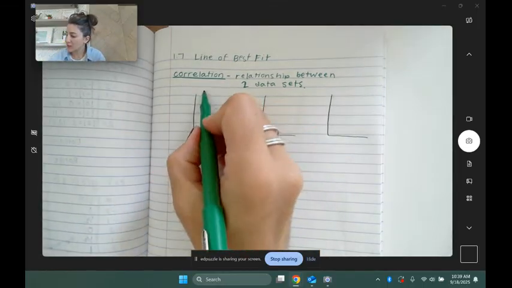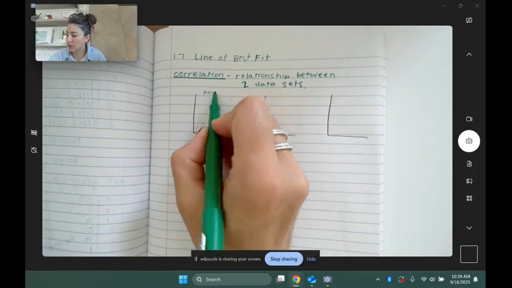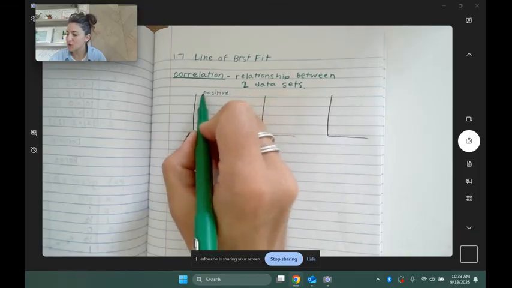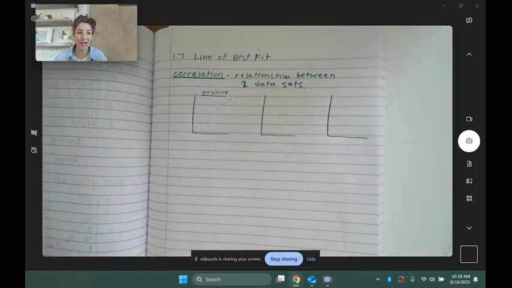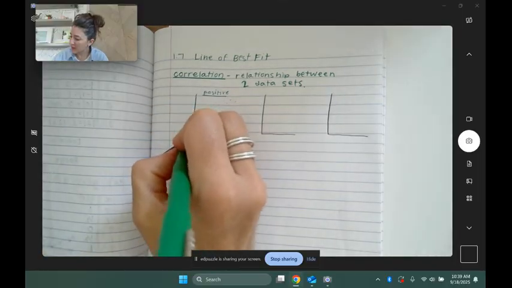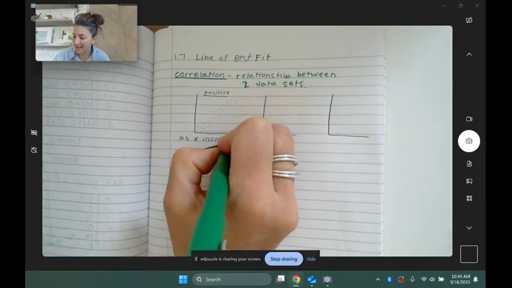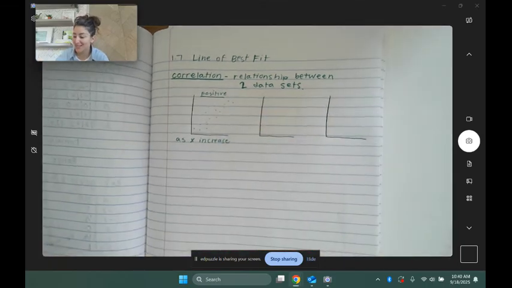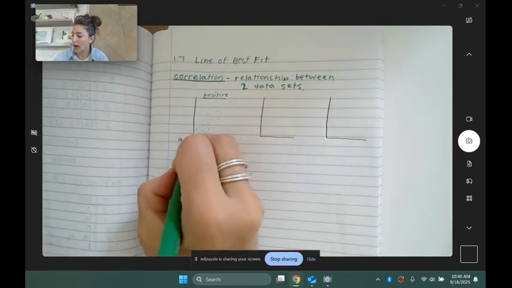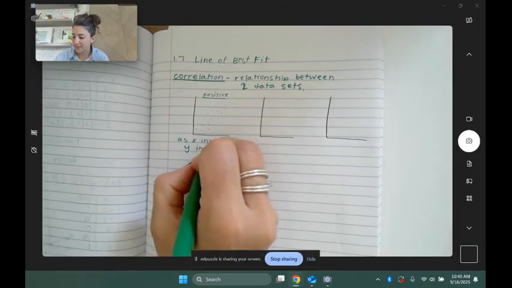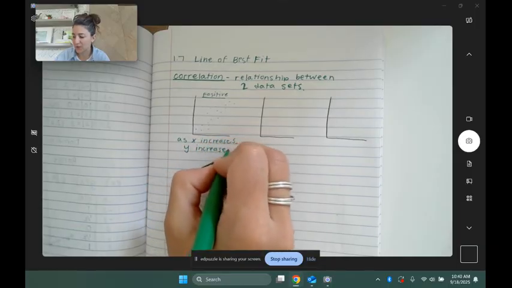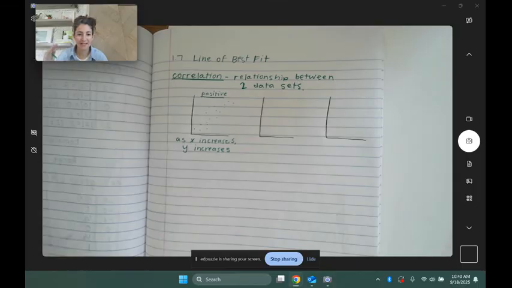This is called a positive correlation. As X increases, Y also increases.